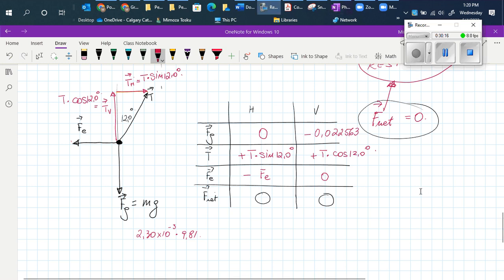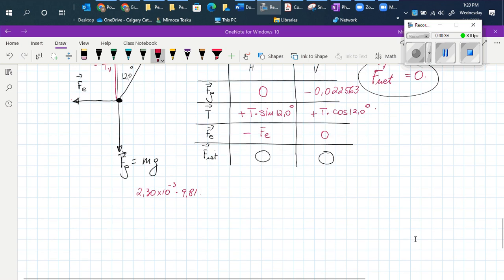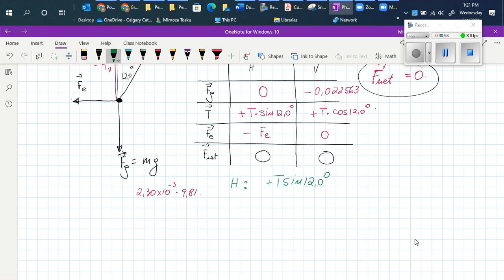Another reason why I like the table of components, I think especially for students who are learning and being introduced to new topics, it's good to have a structure, is that by completing the table of components, you now have two equations, one from horizontal and one from vertical. So from horizontal, you have positive T sine 12 degrees minus Fe is equal to 0.